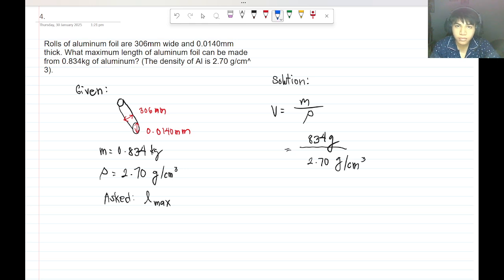This will cancel. And when you do this in your calculator, you will have 308.8888 and so on. Let's store this. This is cubic centimeter, by the way. We'll store this to A. Okay?